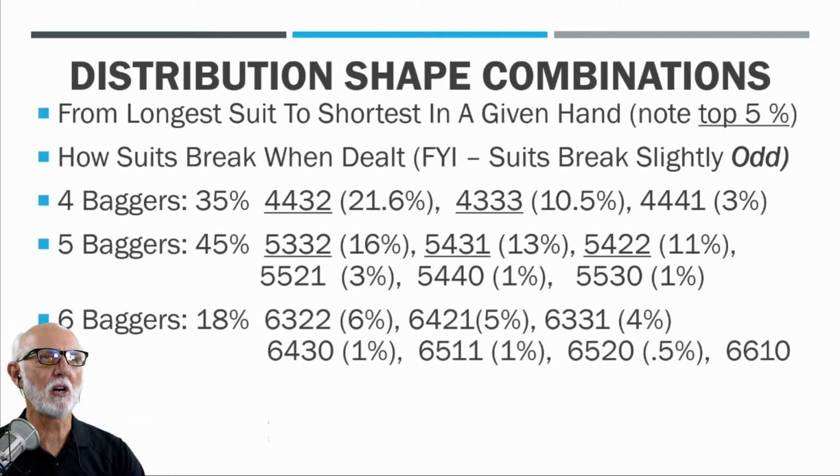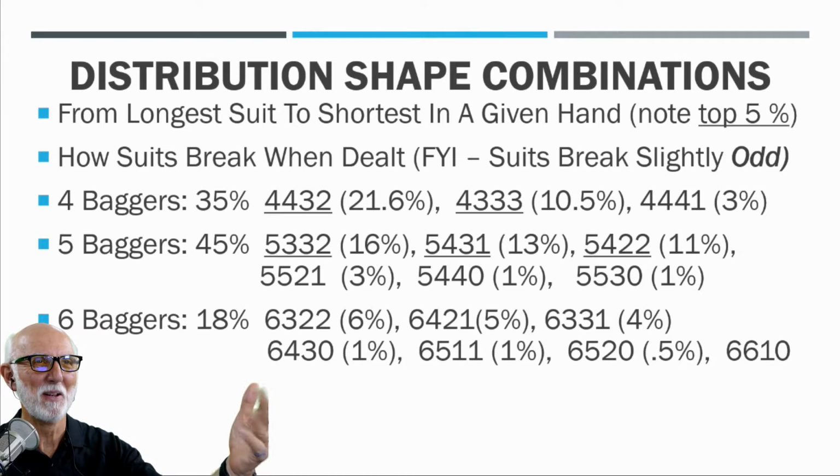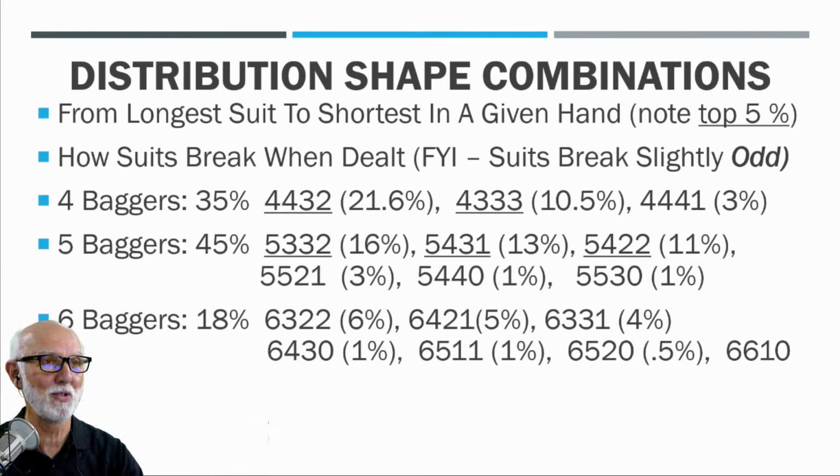So, okay, how about a 6-card suit? 18% of the time, and we're not going to memorize these numbers, but you can see they don't come up that often. Remember the 4-card in length, 4 baggers, 35%, the 5 baggers, because there's more combinations. None of them are more than 21%, but that adds up to almost half, 45%.